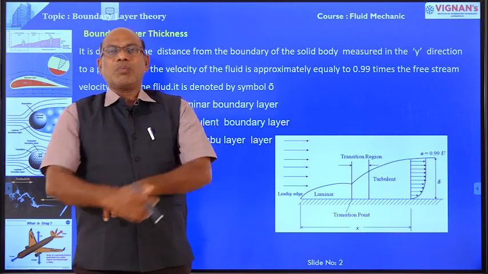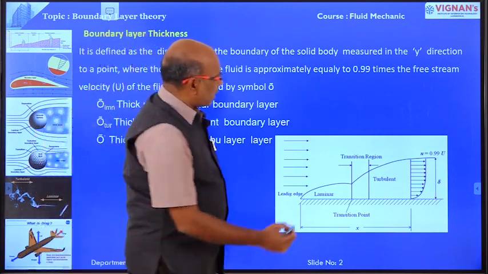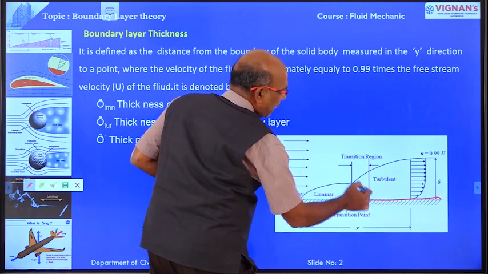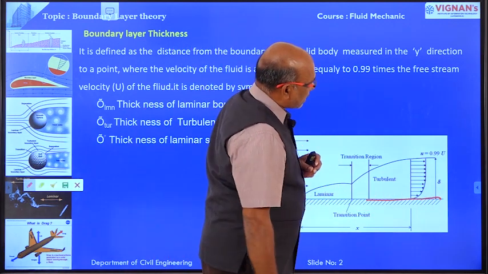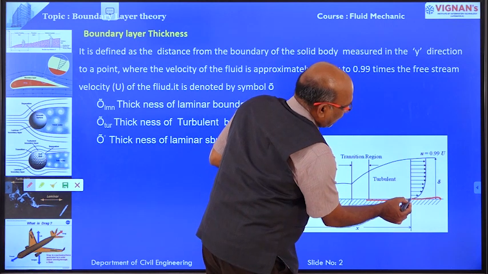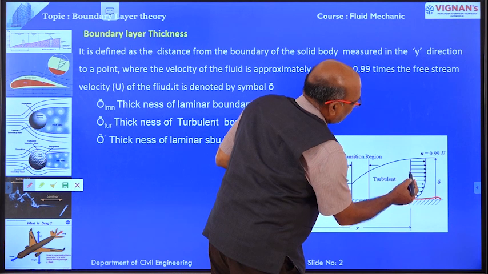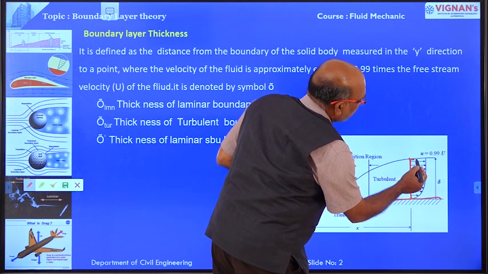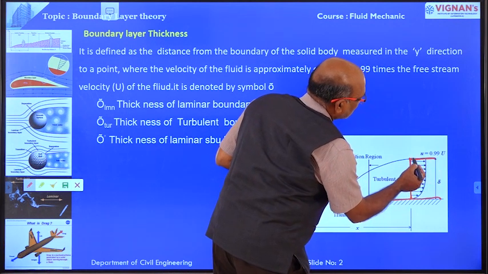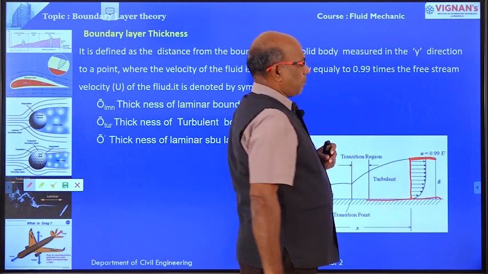That is known as boundary layer thickness, right. This is the boundary. Boundary layer thickness is the distance measured from the boundary in the y direction, at a point where the fluid velocity is approximately equal to the free stream velocity.